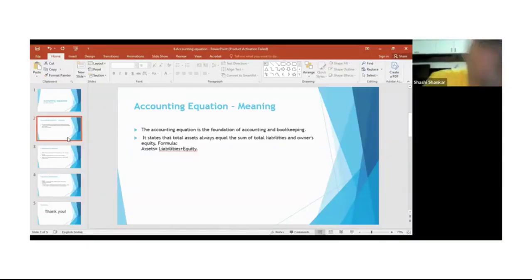So if you're talking about the accounting equation, the accounting equation is the foundation of accounting and bookkeeping. Okay, so bookkeeping is nothing but the recording of books of account.